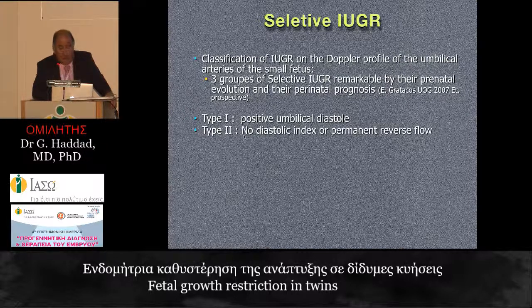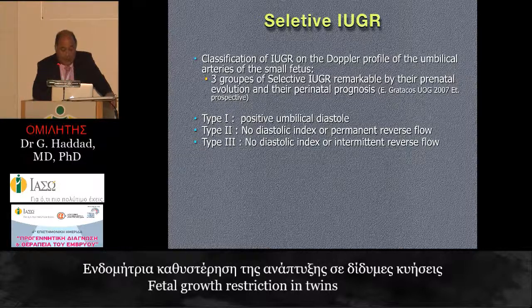In type 2, we have a resistance index of 0 or more than 0. It means that we have no diastolic flow, or we have a permanent reverse flow. In type 3, we have an intermittent absent diastolic flow, a resistance index of 1. But sometimes we have reverse flow, and sometimes we have positive diastole.